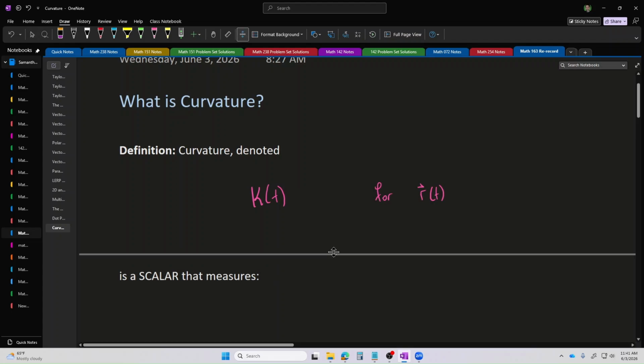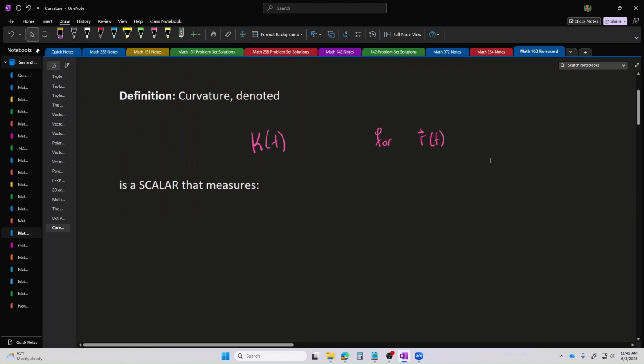Now, one thing I want you to notice about this notation right away is that when I write the letter K or kappa, I did not put the vector over the kappa. That is because curvature within the context of this class is a scalar quantity.